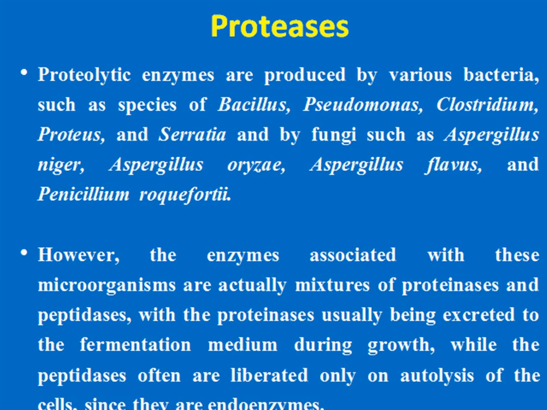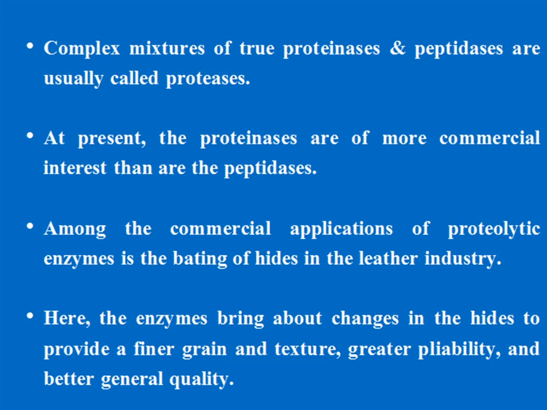However, the enzymes associated with these microorganisms are actually mixtures of proteinases and peptidases, with the proteinases usually being excreted to the fermentation medium during growth, while the peptidases often are liberated only on autolysis of cells since they are endoenzymes. Complex mixtures of true proteinases and peptidases are usually called proteases.